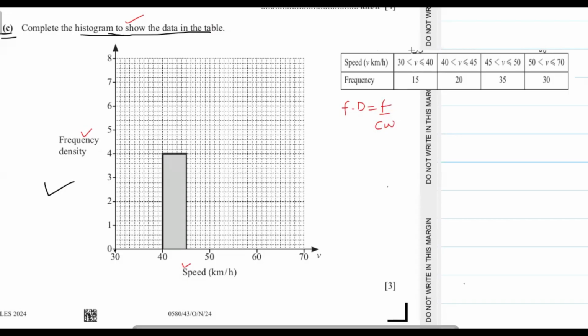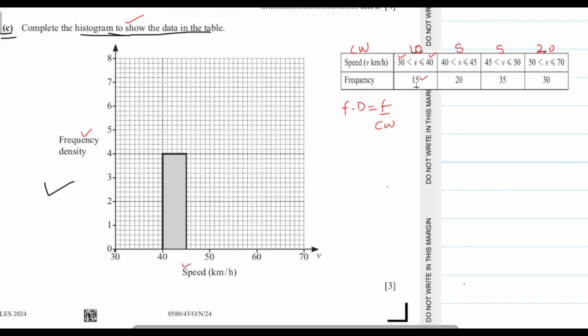Therefore, we will calculate the class width of all these intervals. The class width is the difference between upper and lower bound values. Here the first class interval is 30 to 40. The difference between 40 and 30 is 10. Therefore, the class width of this interval will be 10. Next class interval width will be 5, and the next 45 to 50 will be 5, and 50 to 70 will be 20, and the frequency is already given here.